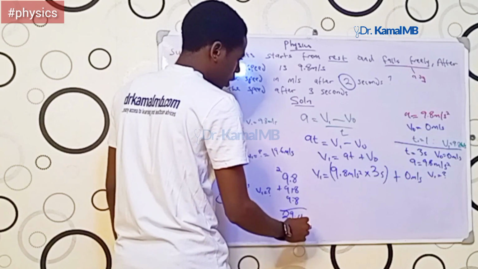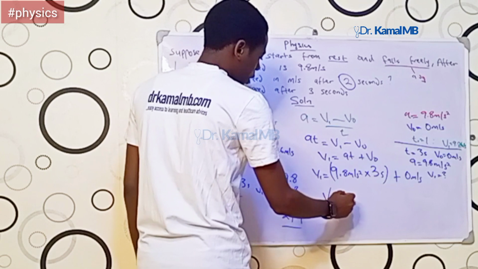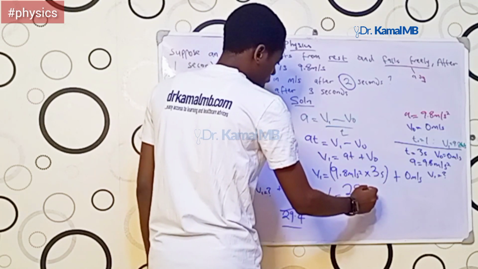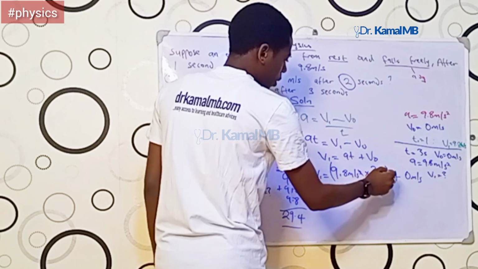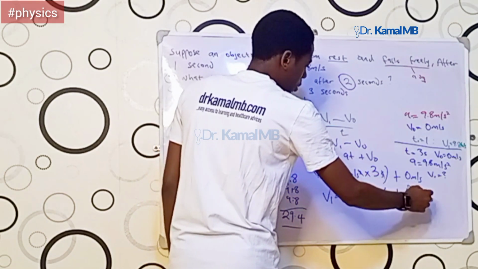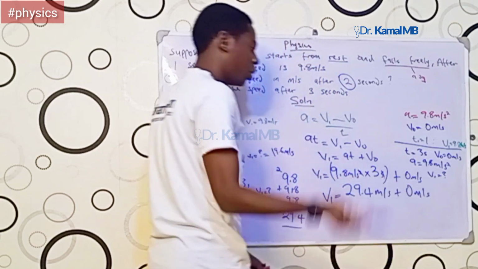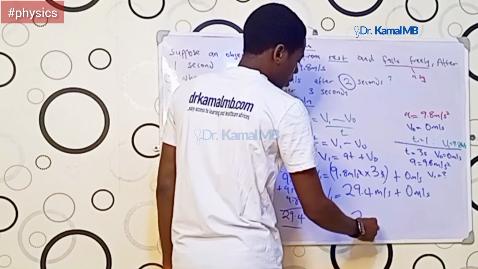It is 29.4. So this means v1 is equal to 29.4 meters per second plus 0 meters per second, and anything plus 0 is the same thing.